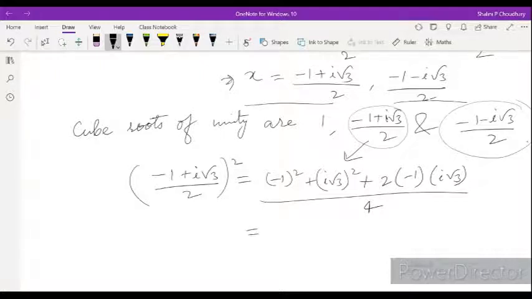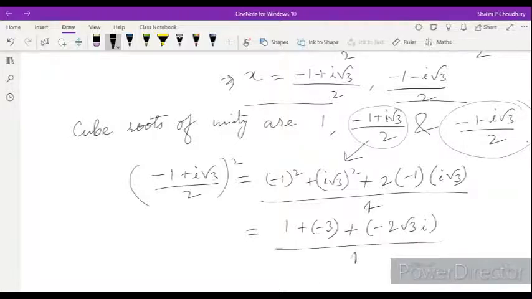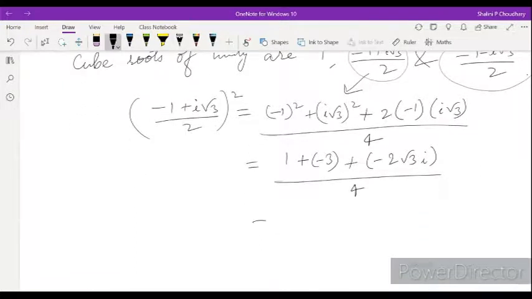So what value are we getting? Minus 1 squared will be 1, i root 3 squared will be minus 3, plus 2 into minus 1 into i root 3, so minus 2 root 3 i we are getting here, divided by 4. Now 1 minus 3 will be minus 2, and here minus 2 root 3 i, divided by 4.